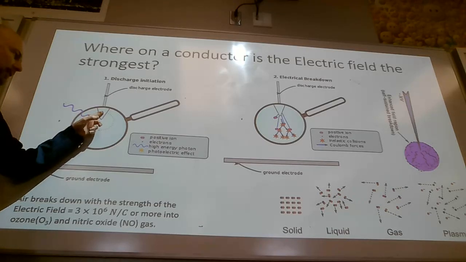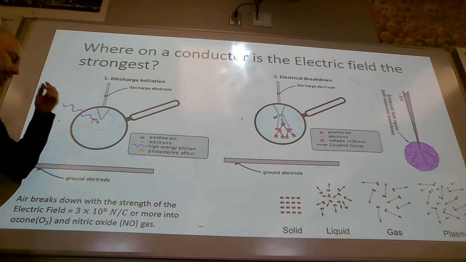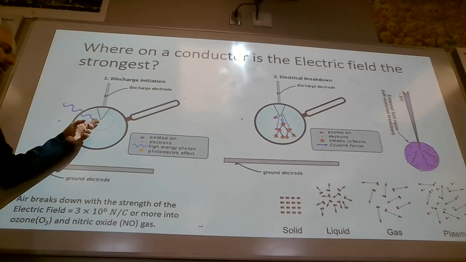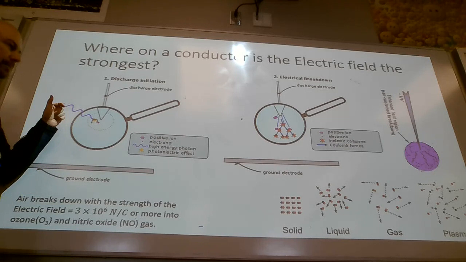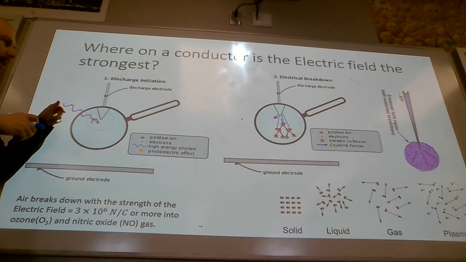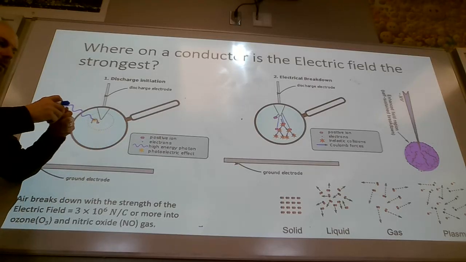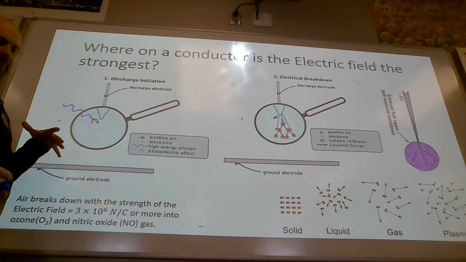The electrons go off, and now you have a positive ion gas molecule, and that's going to cause a chain reaction.